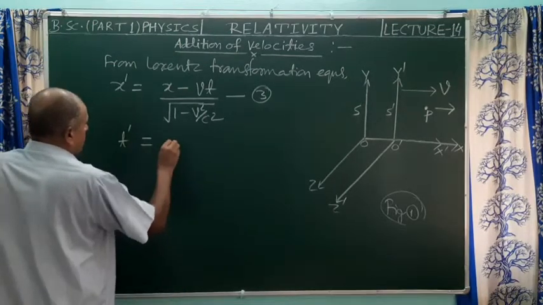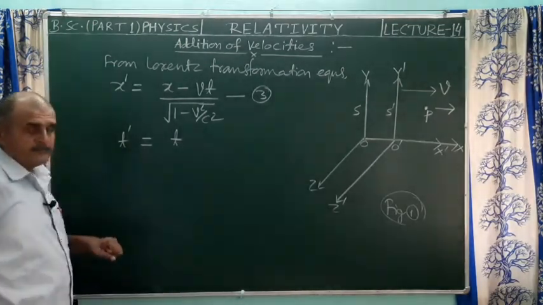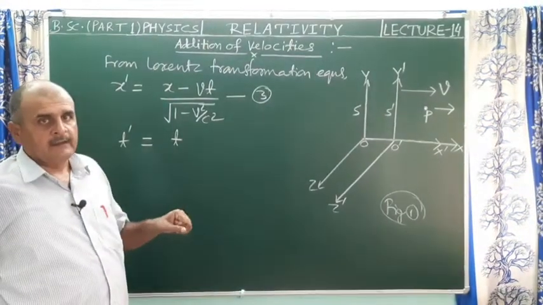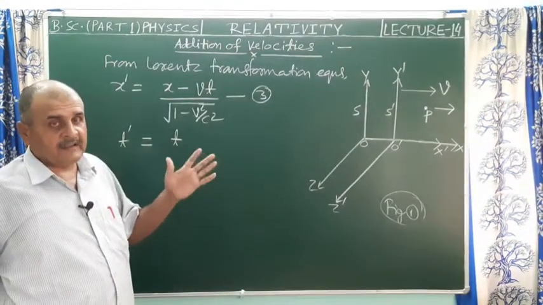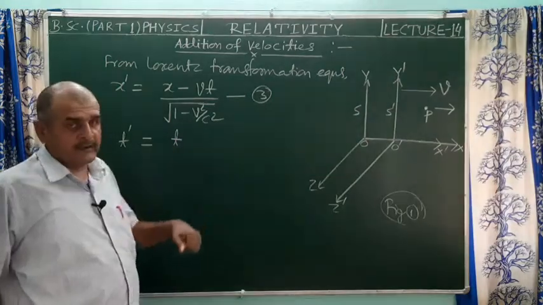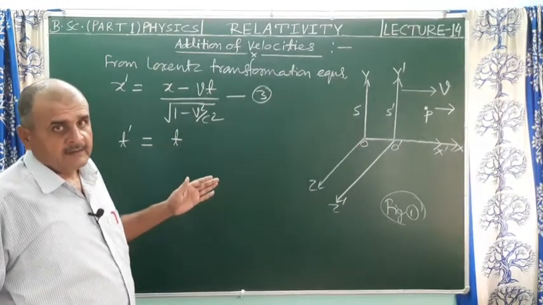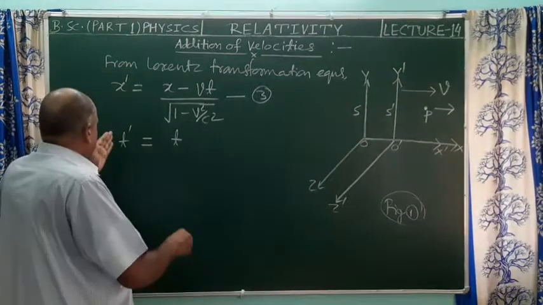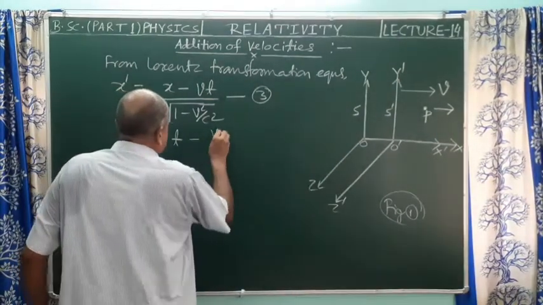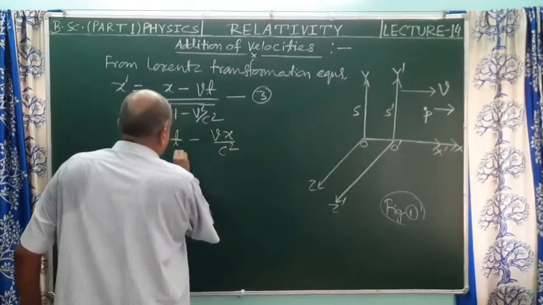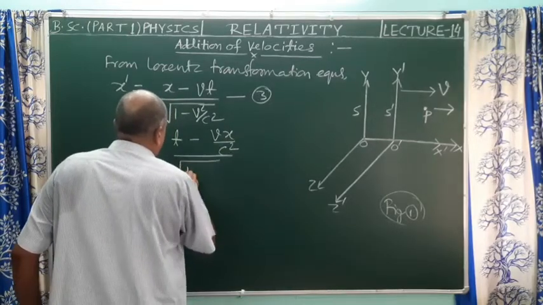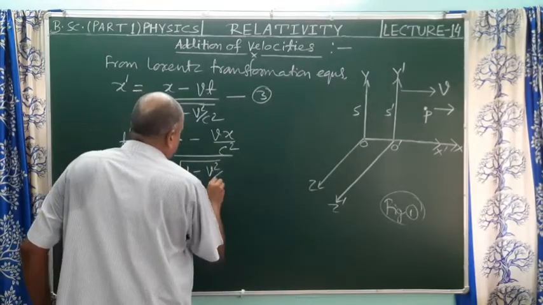T dash is the time coordinate measured relative to frame S dash, and T is the time coordinate measured in frame S. Therefore T dash equals T minus Vx upon C square, upon root under 1 minus V square upon C square.